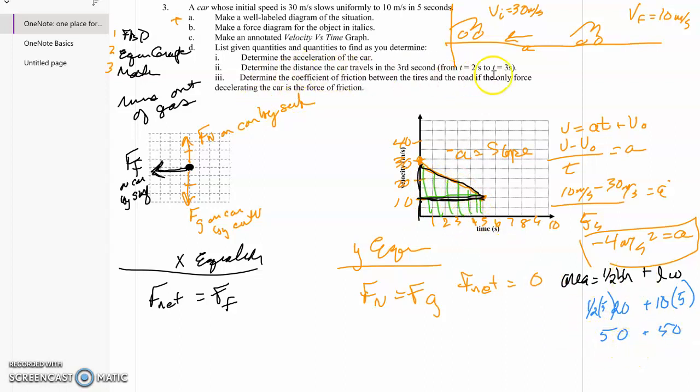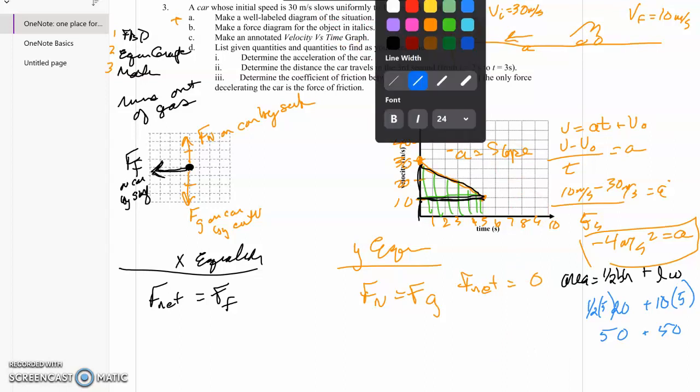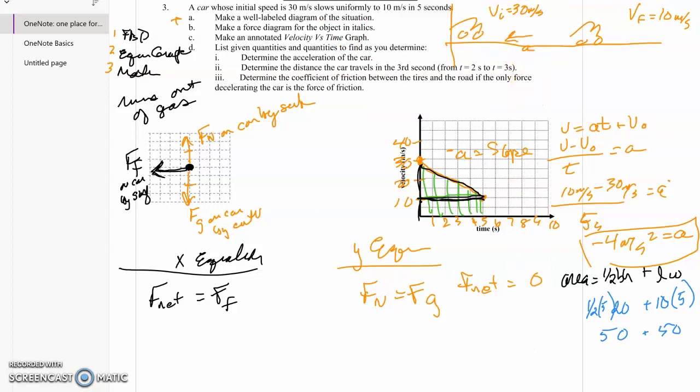But when I look back and actually read the directions, which is phenomenal to do, then I see that what they really want is the distance it travels just during the 3rd second. Okay, so that's great, during the 3rd second.